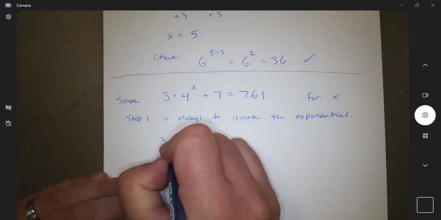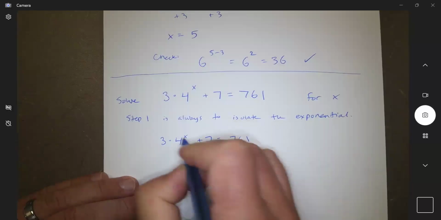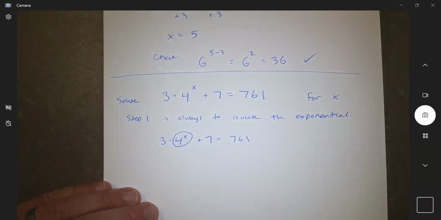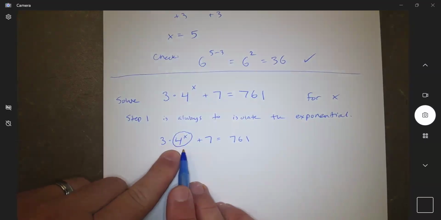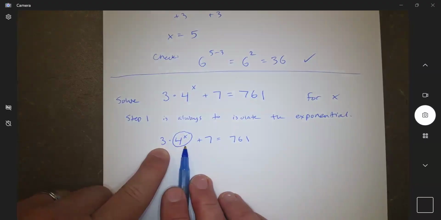So if I have 3 times 4 to the x plus 7 equals 761, my first step is to isolate the 4 to the x, isolate the exponential part using math. What do I need to do to isolate the 4 to the x? I have to get rid of the +7 and I have to get rid of the 3.